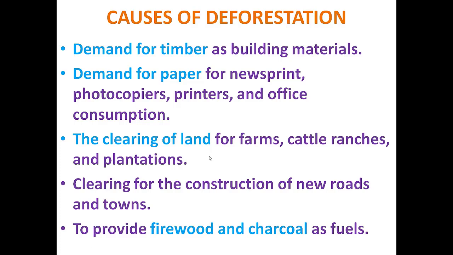Deforestation is taking place. And the next cause is to provide firewood and charcoal as fuels. So for providing the fuels, the forest needs to be cut. So these are the four causes for deforestation. Number one, demand for timber, demand for paper, the clearing of land for different purposes, and providing firewood and charcoal as fuels.